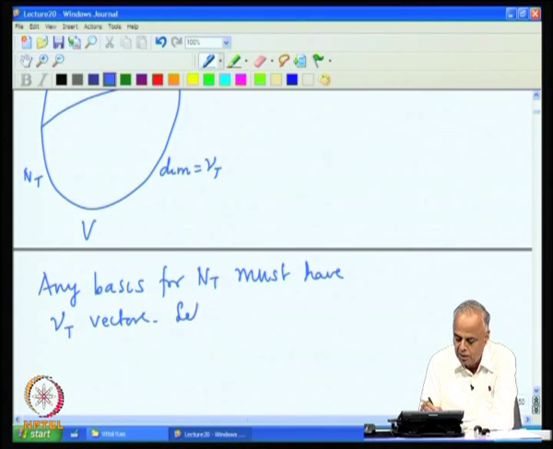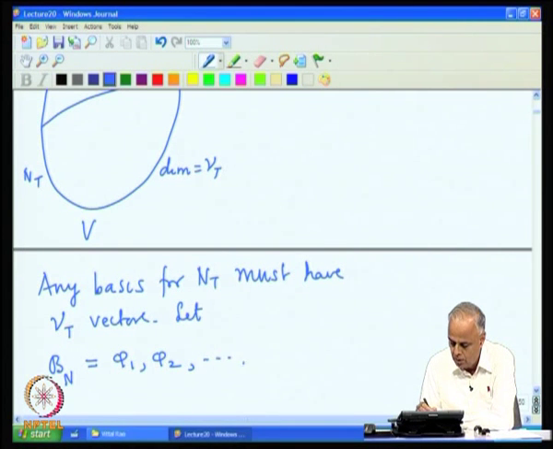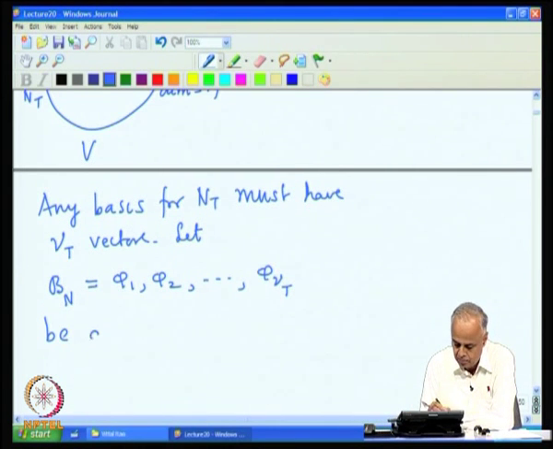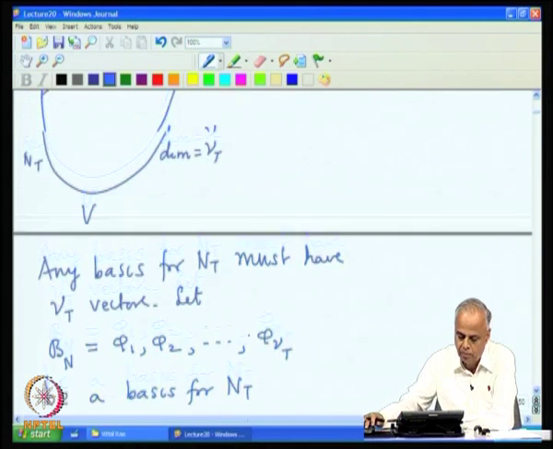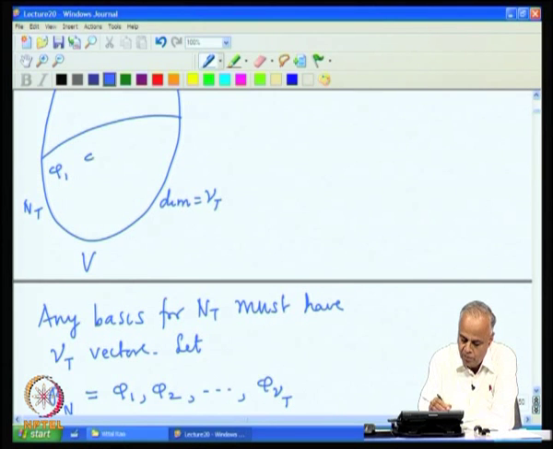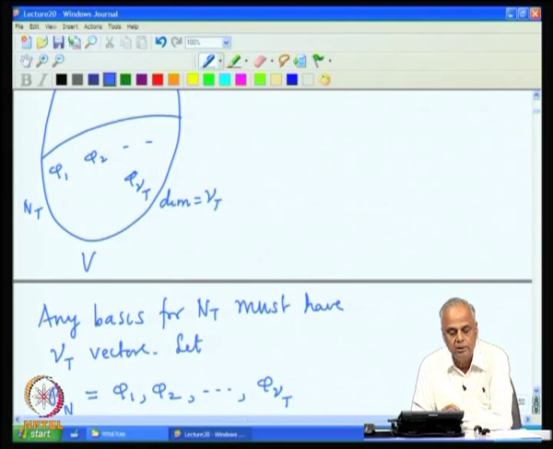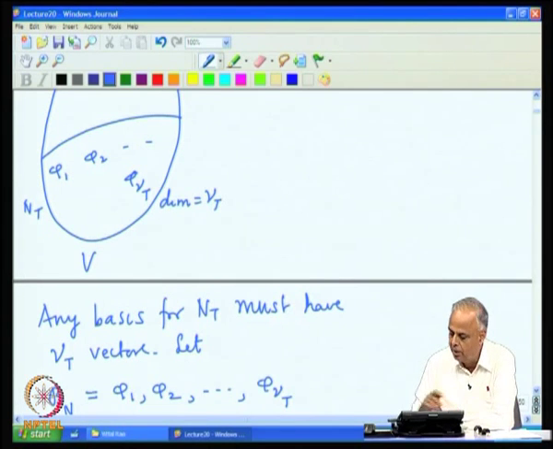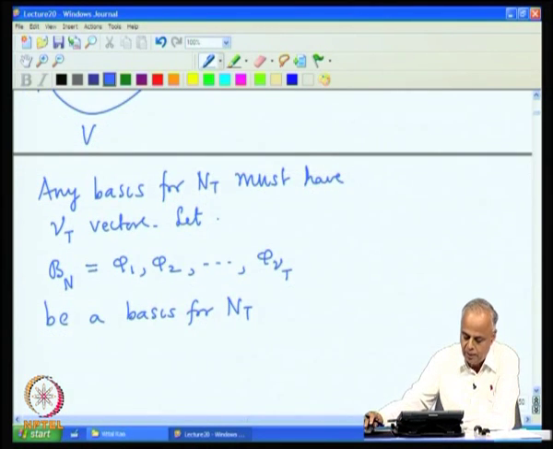So, let us take one such basis, call this B_N, the basis for the null space, to be phi 1, phi 2, and so on up to phi nu of T, a basis for the null space of T. These are vectors in the null space of T. These are linearly independent. These span N of T, that means they form a basis for N of T.